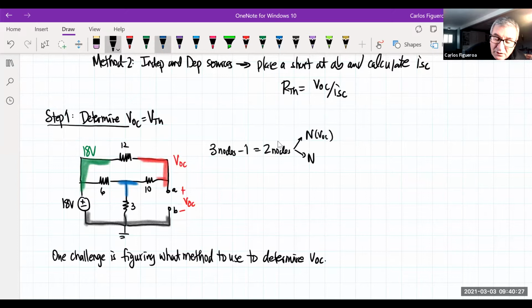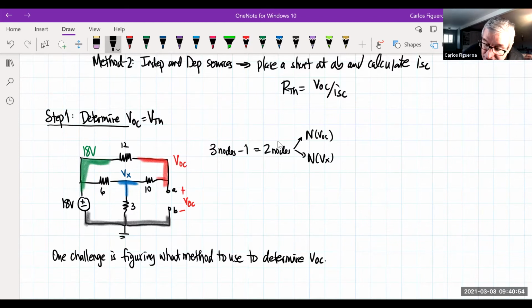Let's call this node, how about V1? It doesn't matter what I call it. Actually, let's not use 1. Let's use some unknown variable x. So now I've got node Vx here. So if I look at that, I don't have to write a solver for VOC because VOC is one of the nodes. So let's go do that.